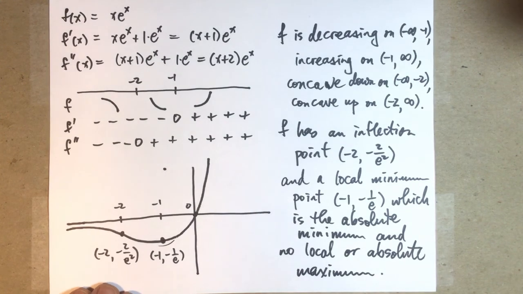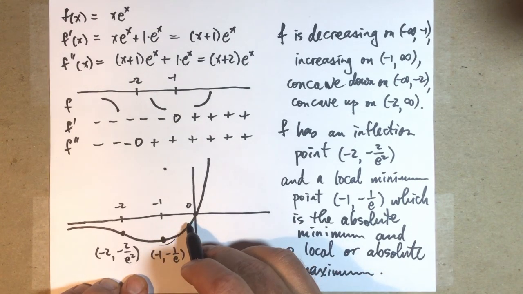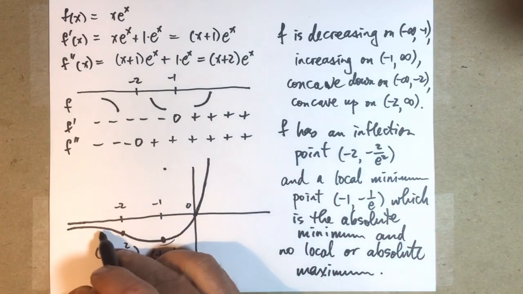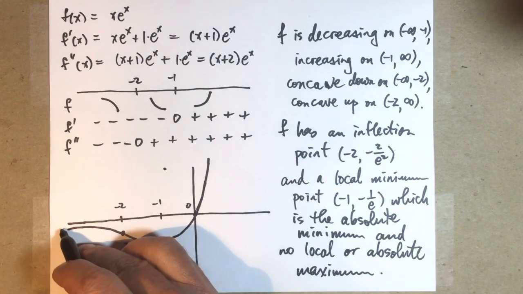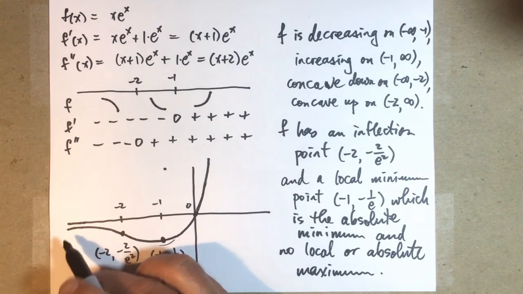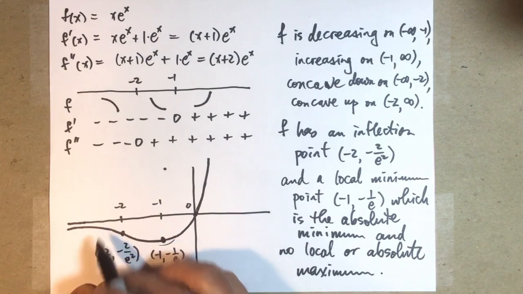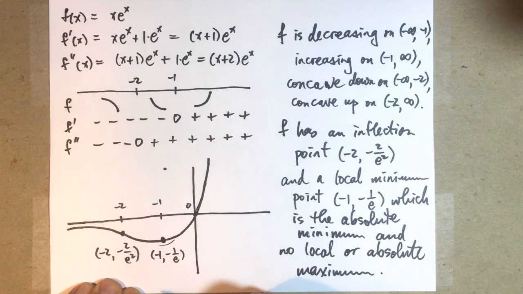Now I will mention also, I've mentioned the limit on this side is plus infinity. On this side, the limit is 0, which is saying that the x-axis is a horizontal asymptote. But that may not be something that you find easy to get right at this point in the course. I can do it.